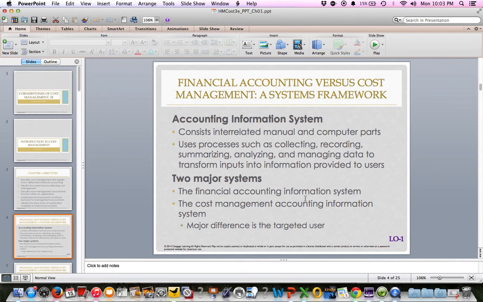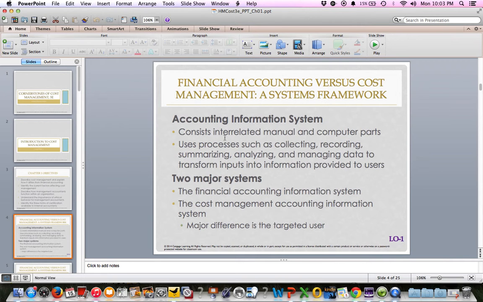For financial accounting, it's more about external reporting and providing information to investors and creditors. For management accounting, the user is primarily management and owners of the business. And what information do they need to make good decisions about the business?